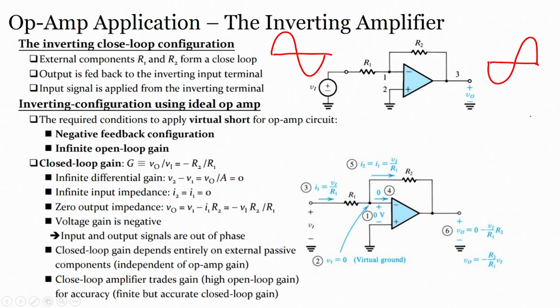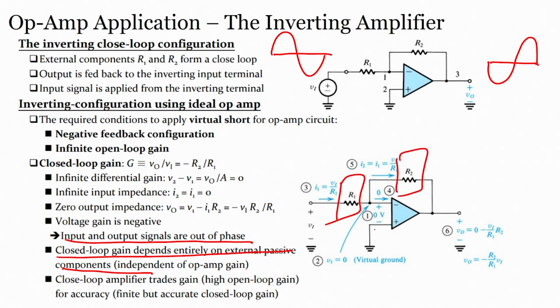Next, closed loop gain depends entirely on passive components, independent of the op amp. Why? You see it depends on R2 and R1, it does not depend on the operational amplifier. So, it completely relies on the passive components.